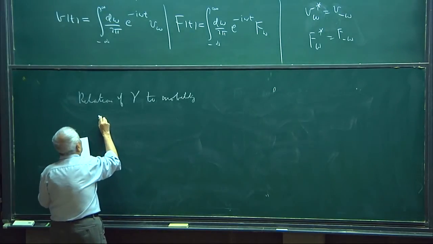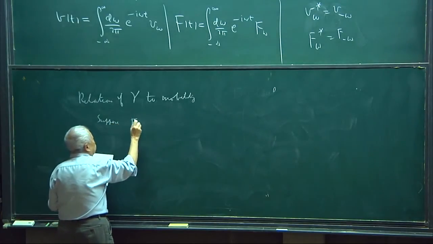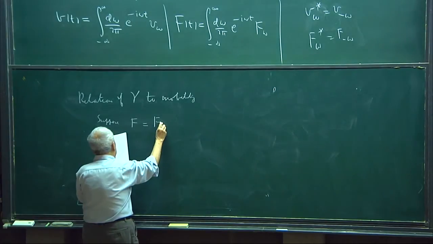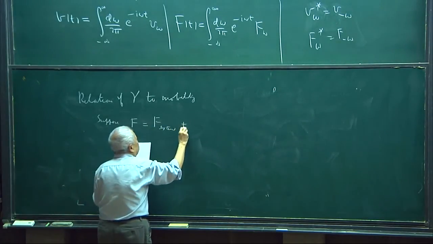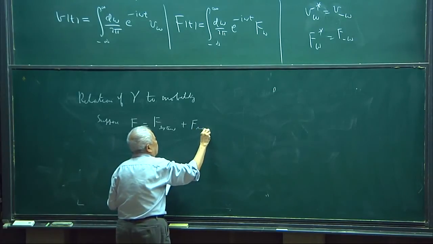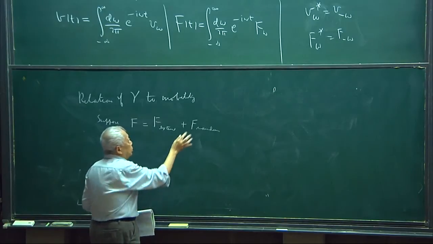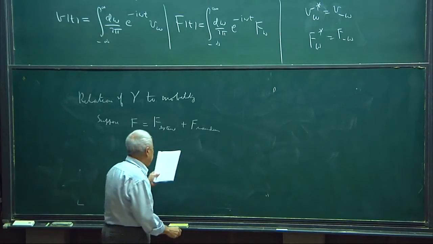Suppose for the moment the external force is equal to F external plus F random. So far we have ignored this term. Suppose now you ignore this term, just consider it's just an external force.